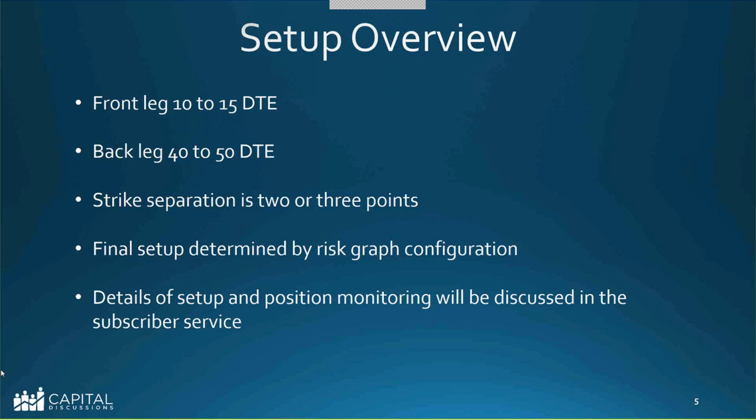Well, I'm sorry, there really are no rules for this because the initial setup is determined by the configuration of the graph. I start by looking at a short strike delta, which may be anywhere from 25 to 30, but that may not be the final short strike that I choose. It's determined by the graph configuration, which I'll show you.